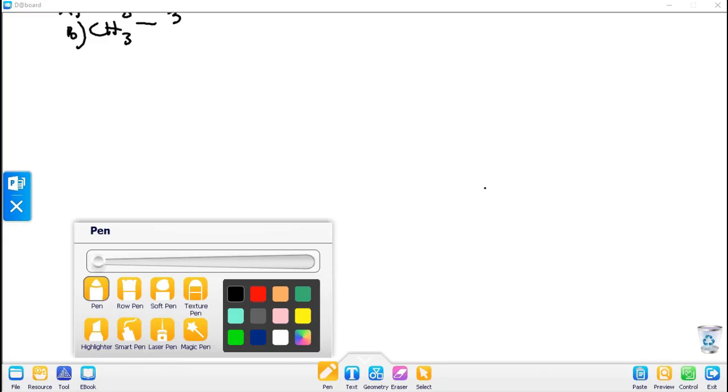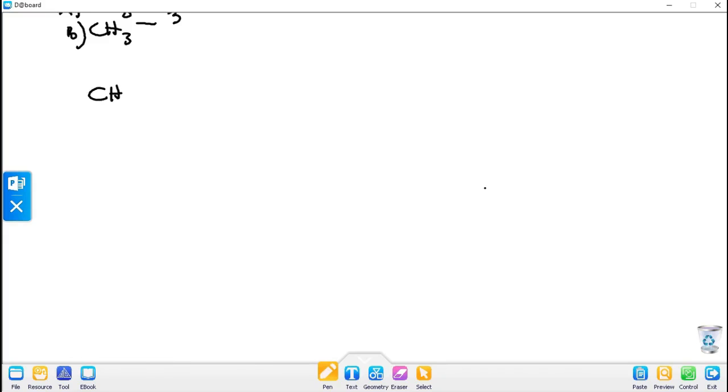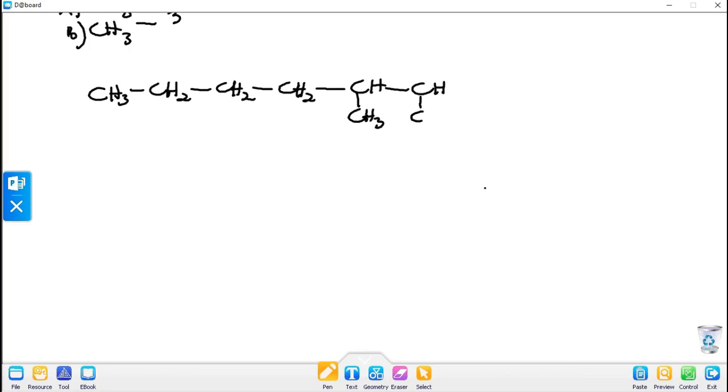So we have CH3, CH2, CH2, CH2, CH with a drop down CH3, CH with a drop down CH3, and CH3. So the question is, what is the name of this hydrocarbon?